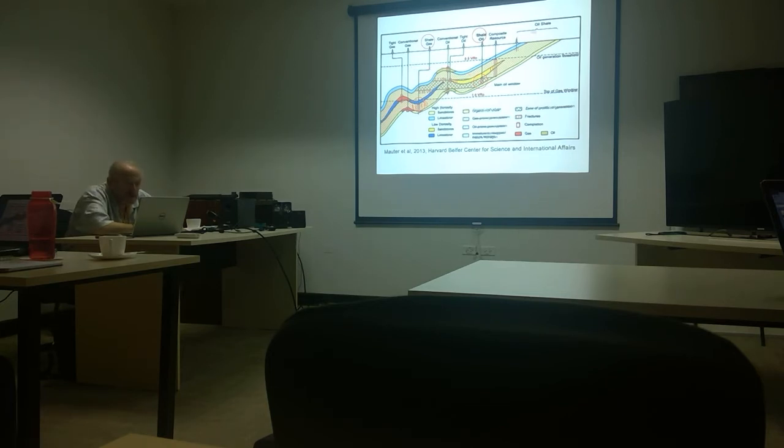So this diagram here just compares conventional reservoirs, which may be an anticline there, or a stratigraphic pinch out, like you see here. But unconventional gas, for example, doesn't require a structure.